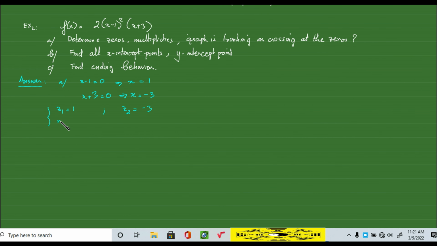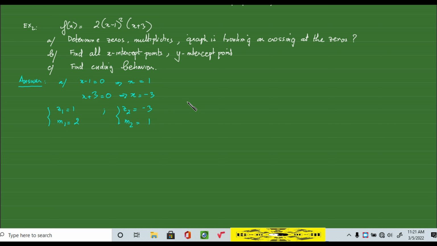So m1 will be 2 for the multiplicity corresponding to z1, and the multiplicity m2 will be 1, because it's an invisible 1. They don't write a multiplicity because the exponent is 1, so the multiplicity here will be 1.